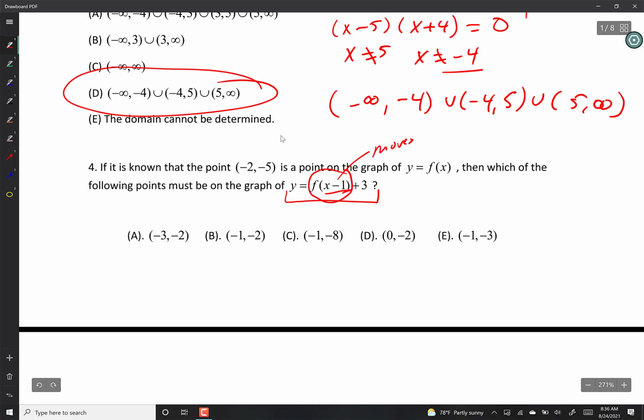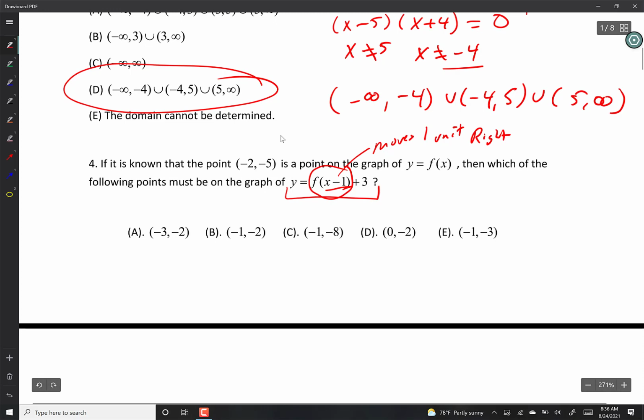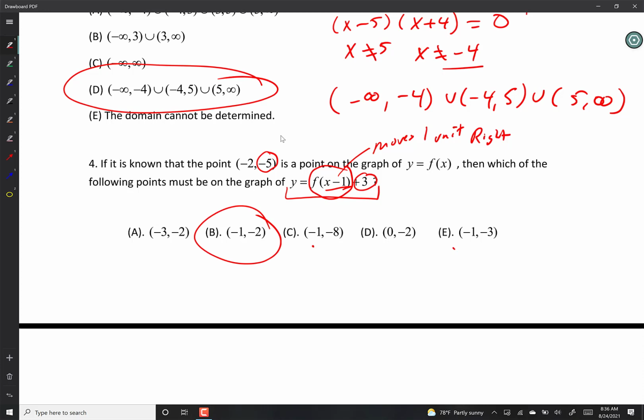Moves 1 unit right. So negative 2, 1 unit right. So what does that 3 do? 3 units up. So negative 5 plus 3? There you go.